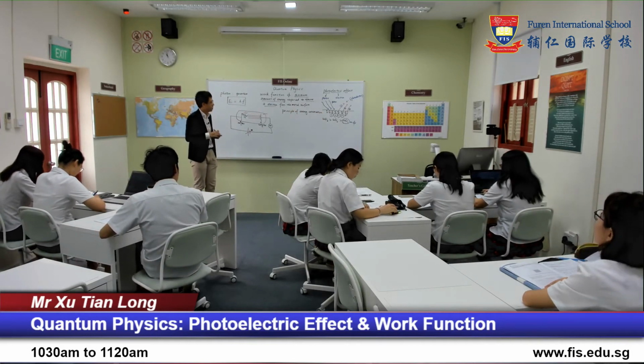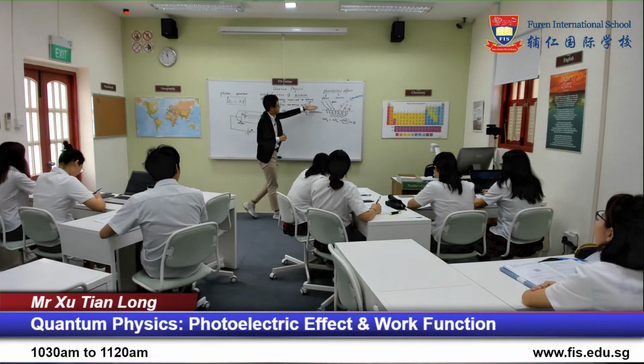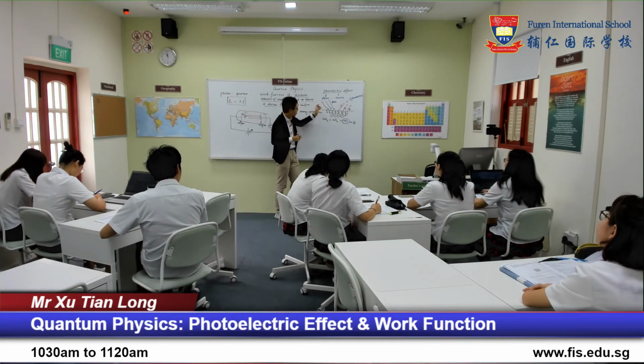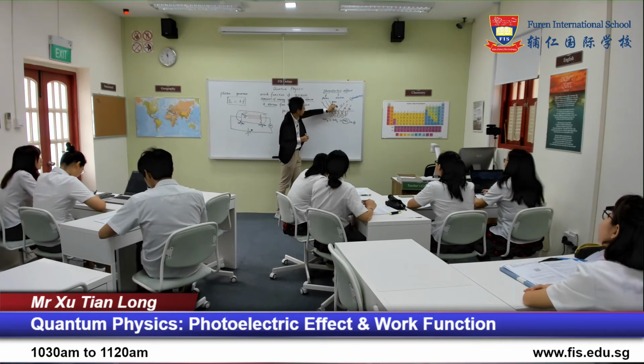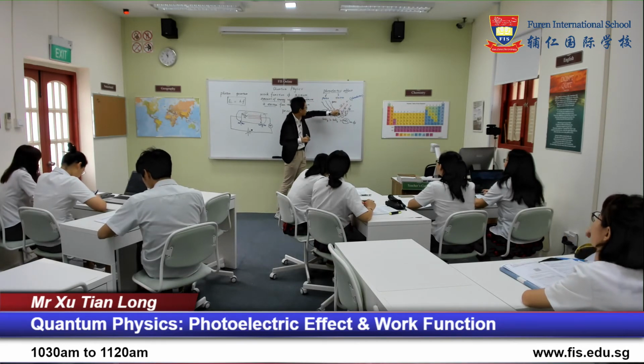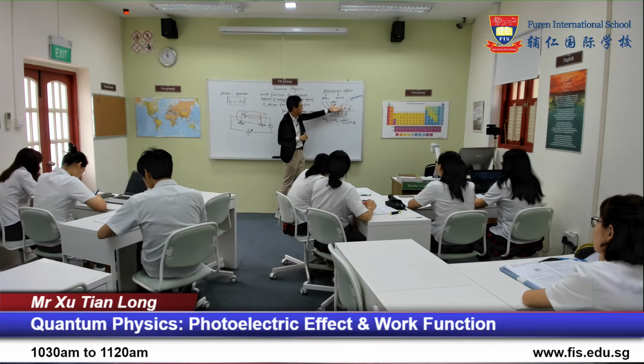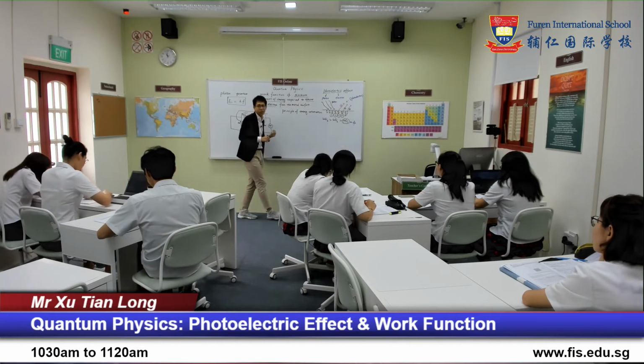So the supply of energy is from the photon. Then some energy is needed to remove the electron. Then the remaining energy will be the kinetic energy of the electron.